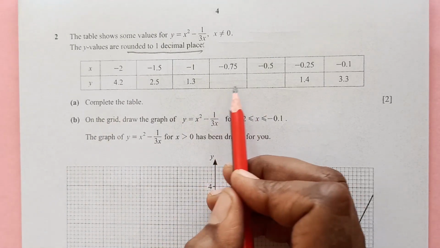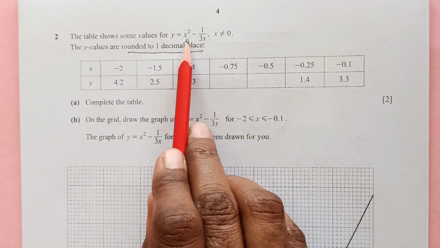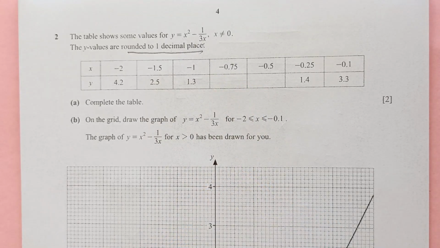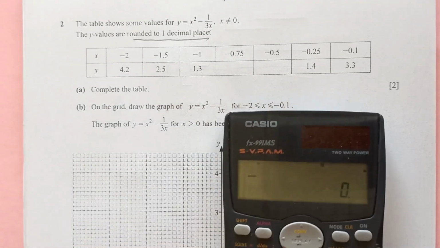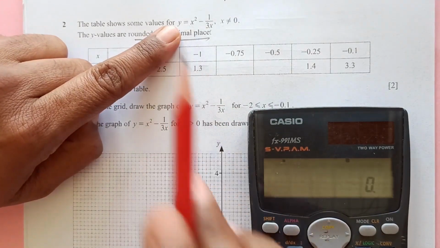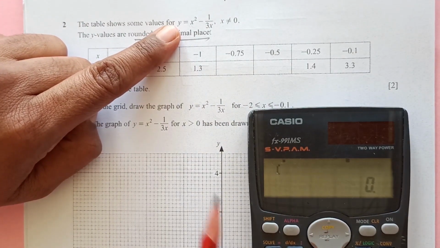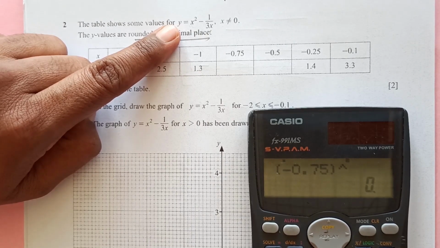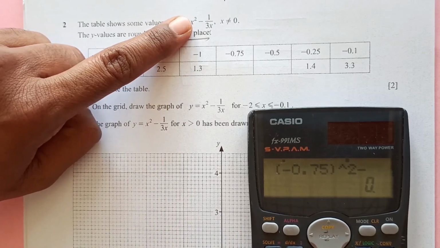First of all, we need to complete the table. So we are just going to replace this x by the given value, then we will see how much value we are getting here. The first value that we have is negative 0.75. So it's going to be (negative 0.75) to the power 2 minus, then we have 1.